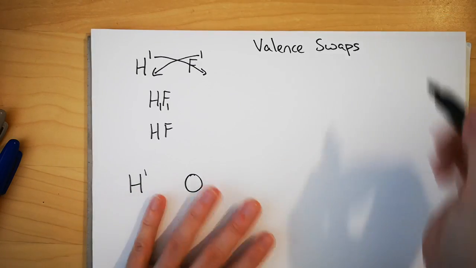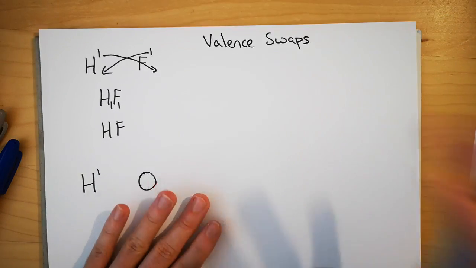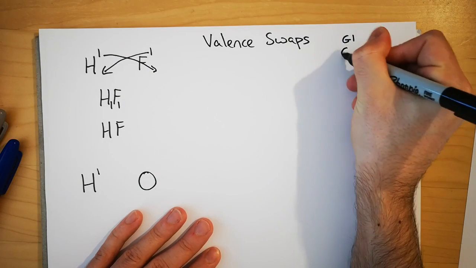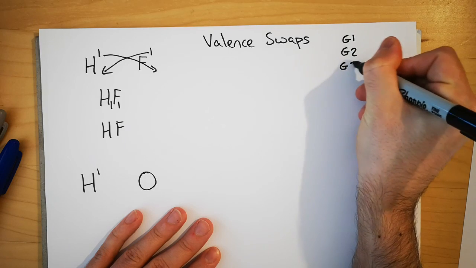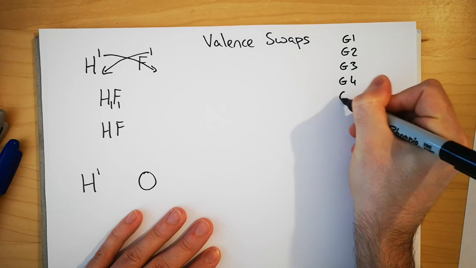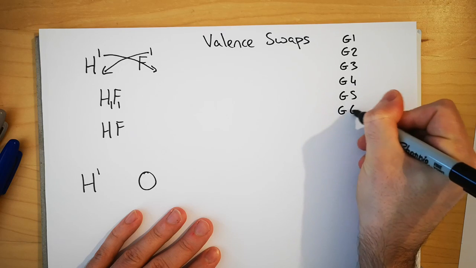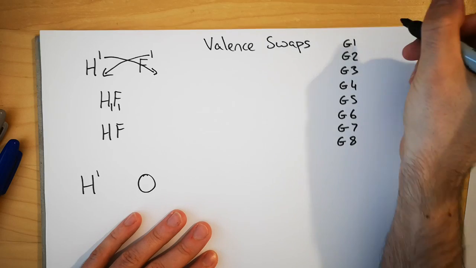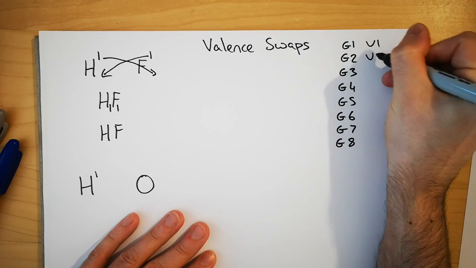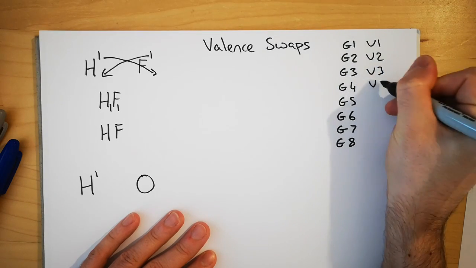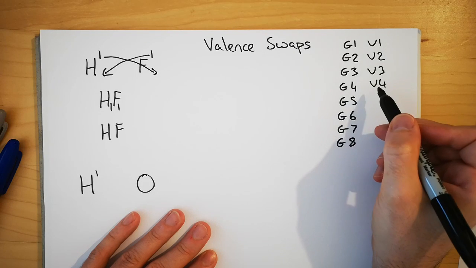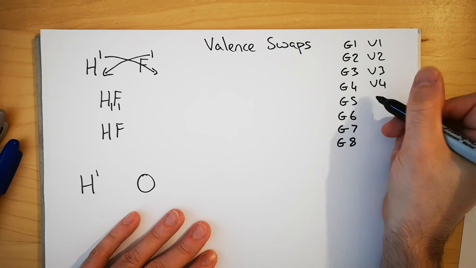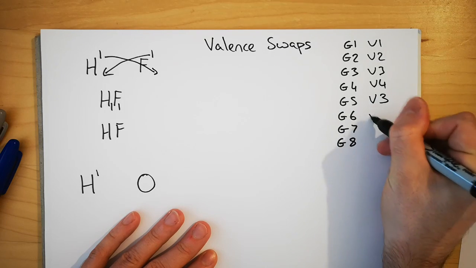Sometimes this is actually a really good technique at the beginning of the exam, to write group 1, group 2, group 3, group 4, group 5, group 6, group 7, and group 8, and then have the valency 1, valency 2, valency 3, valency 4. Now, 4 is your maximum valency that you deal with in National 5, so we have to go down.